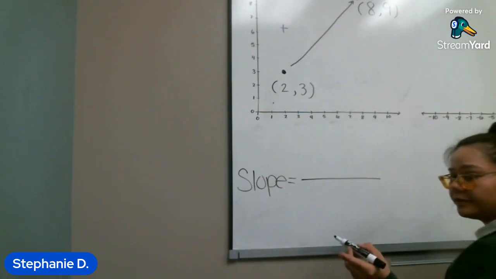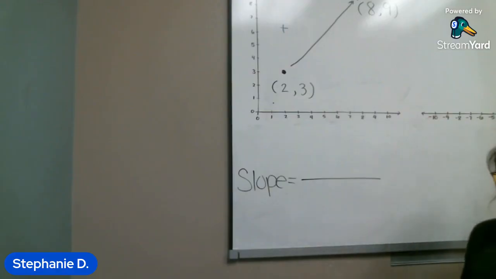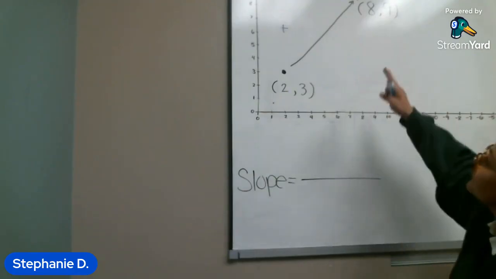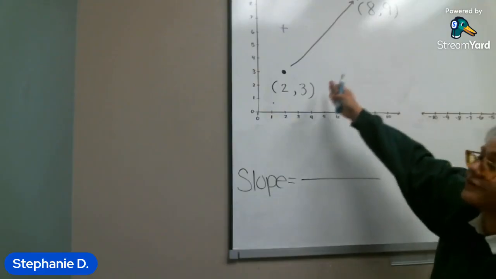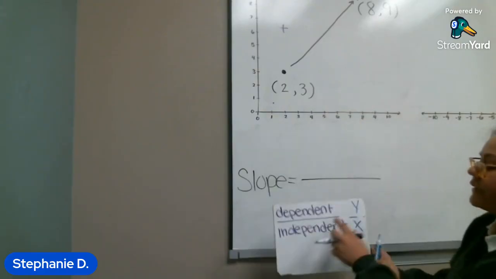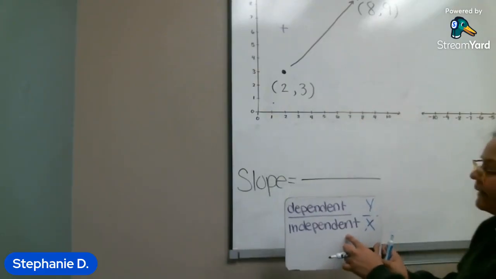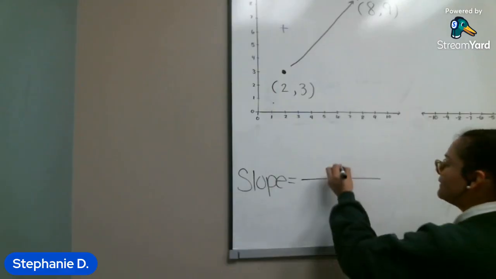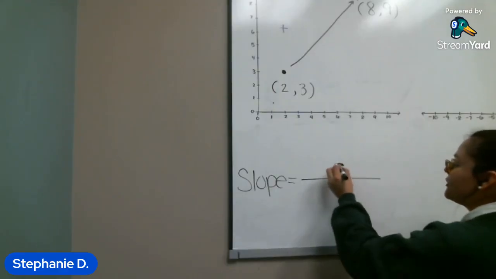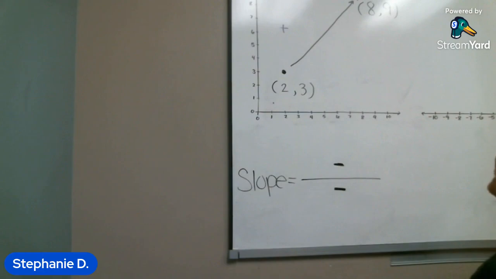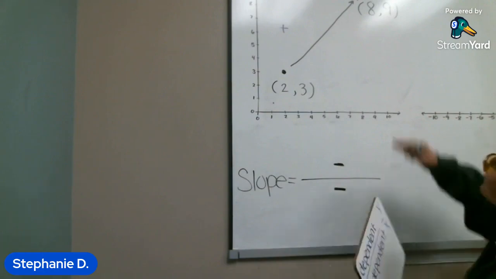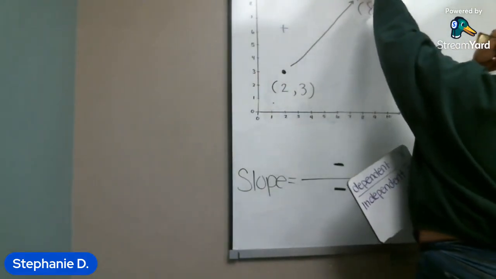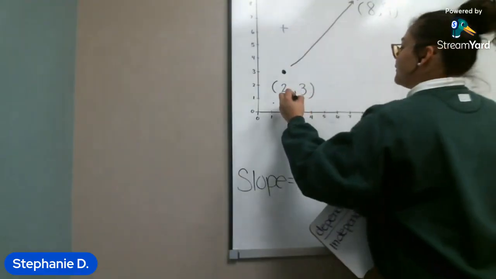Like I said, slope is the rate of change. You're looking for the difference between that set of numbers and this set of numbers, which is our dependent over independent, y over x. This is our second point, number 2, and this is our first one, number 1.